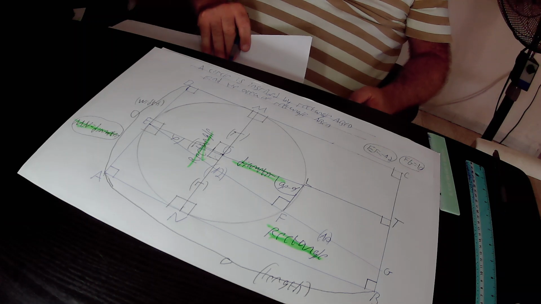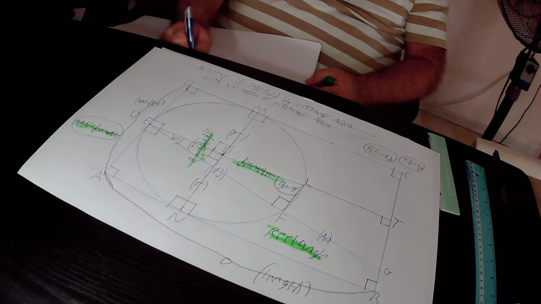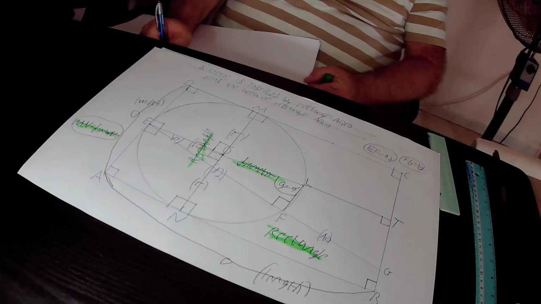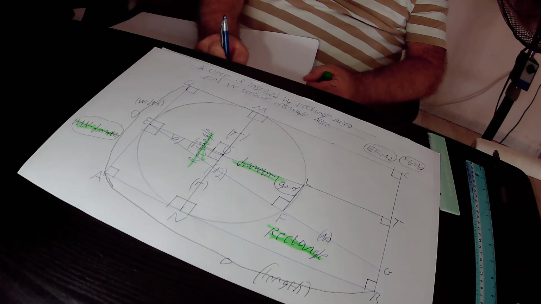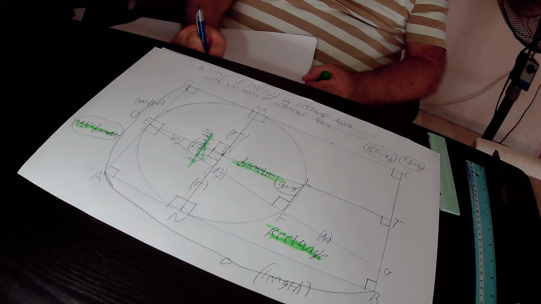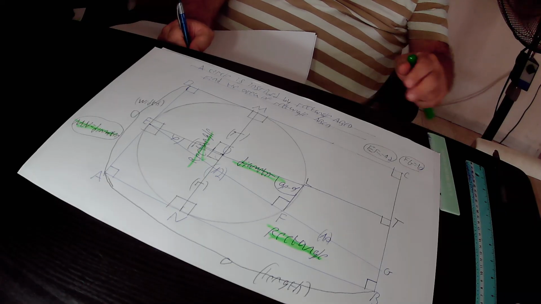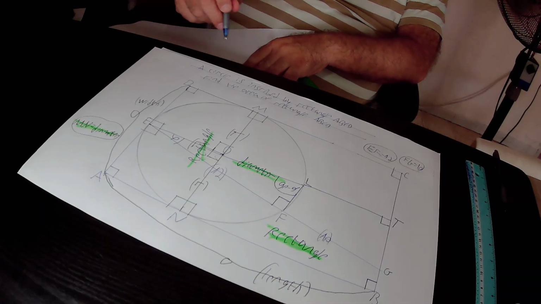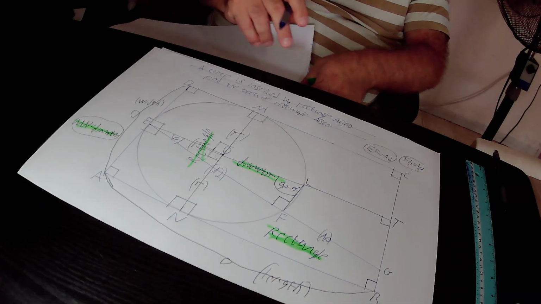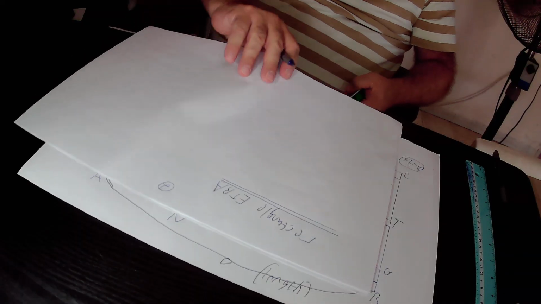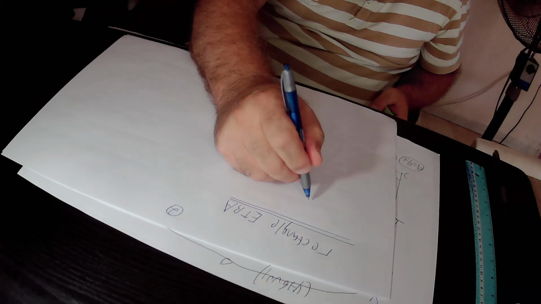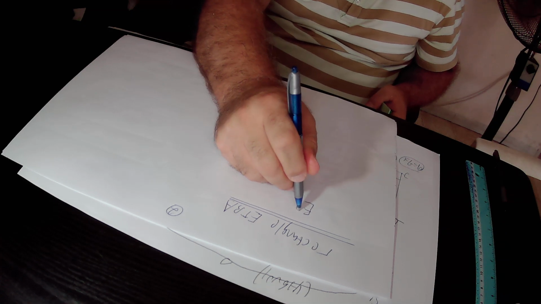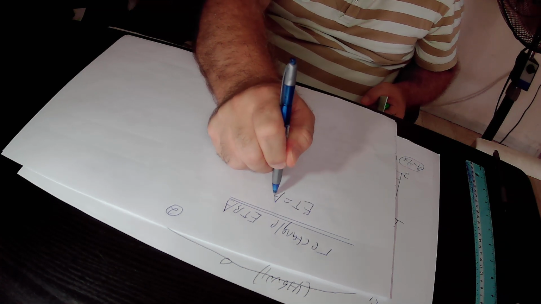In the big rectangle ETBA, side ET must be equal to the opposite side AB, according to the rule that the opposite sides of a rectangle are equal to each other.